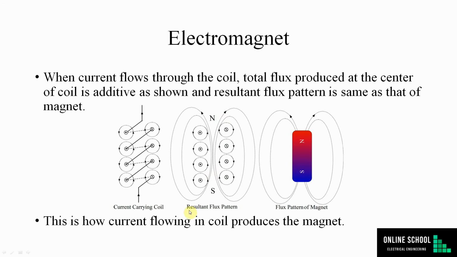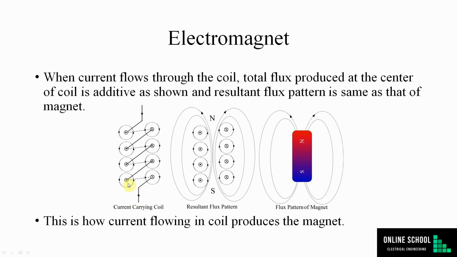This resultant flux pattern produced by a current carrying coil is the same as we discussed in the case of a permanent magnet. So the flux pattern of a magnet and a current carrying coil are both the same. This is how current flowing in a coil produces a magnet.